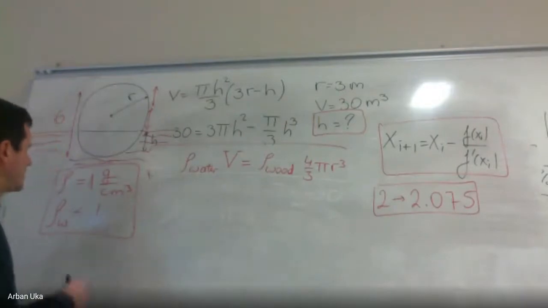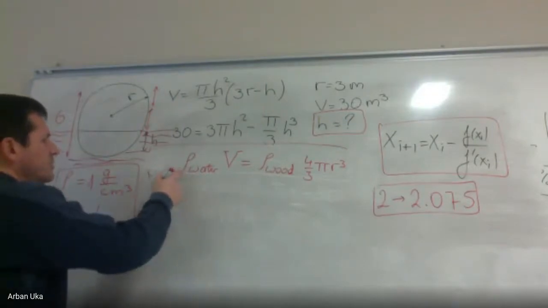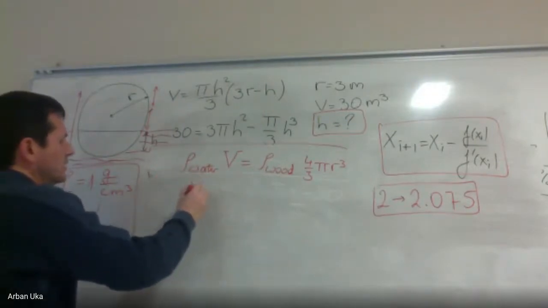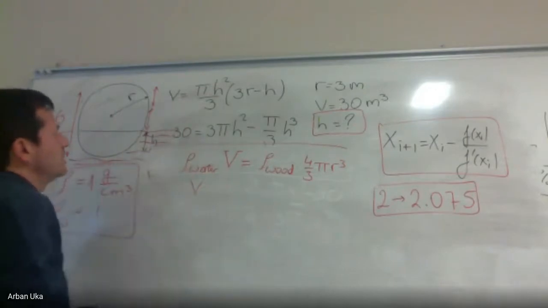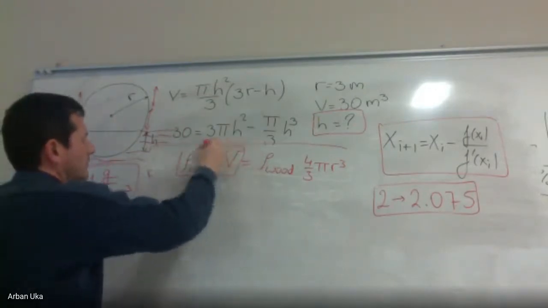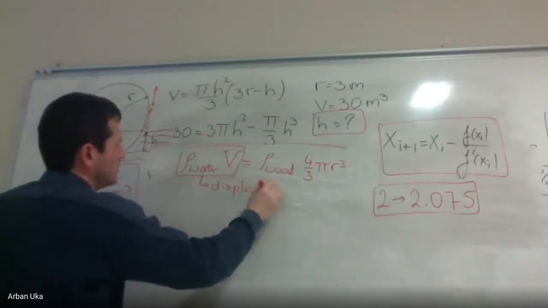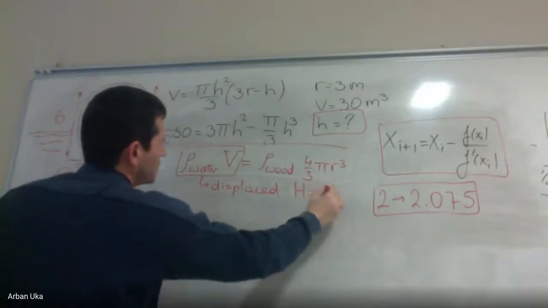If the units are in centimeters, we can consider that the rho of water is 1. Okay, so we get here this volume that is shown here. Let me call this one displaced water, H2O.